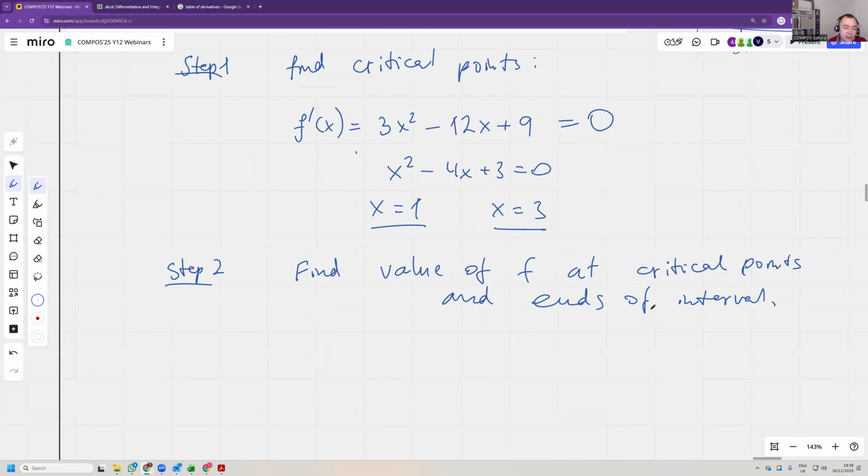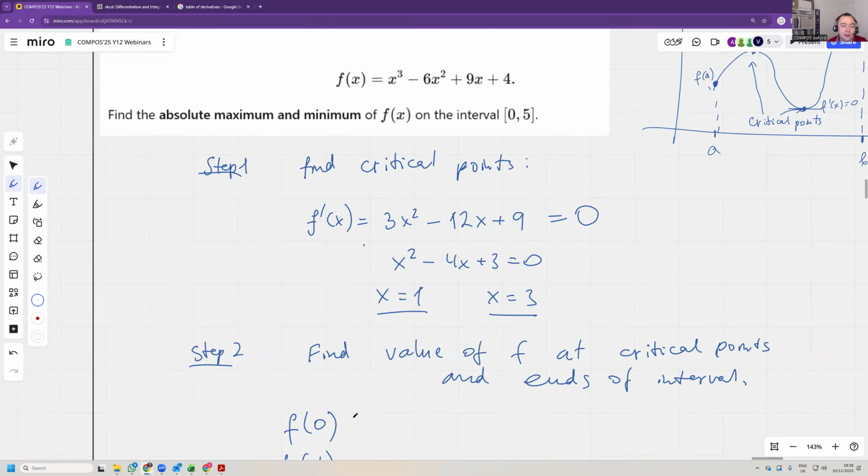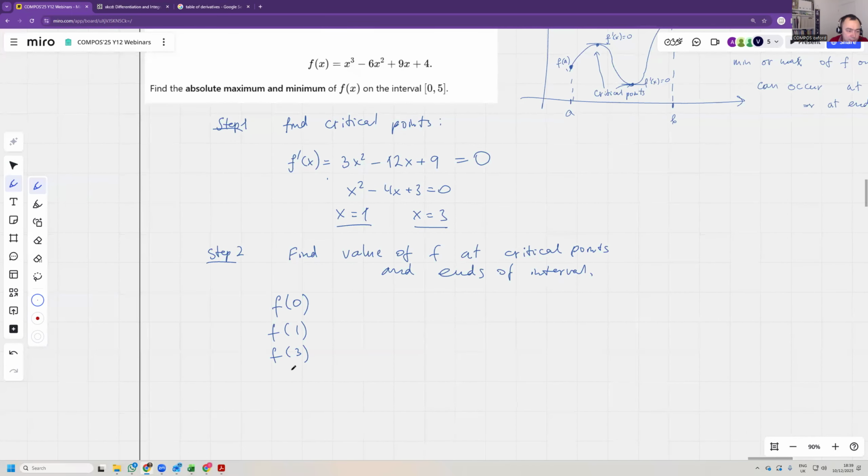So we need to find f of 0, f of 1, f of 3, and f of 5. So f of 0, we just literally substitute 0, is 4. f of 1 is 1 minus 6 plus 9 plus 4, which is 8.